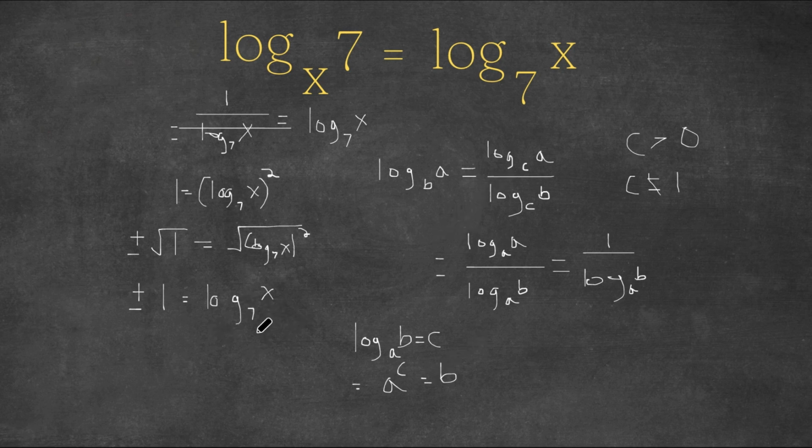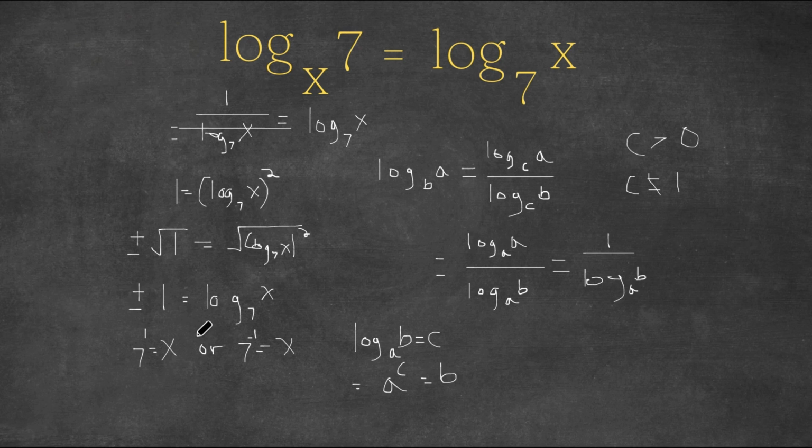So using that, this is equal to 7 to the power of 1 equals x, or 7 to the power of -1 equals x, because this is plus or minus, so this gets us two equations.